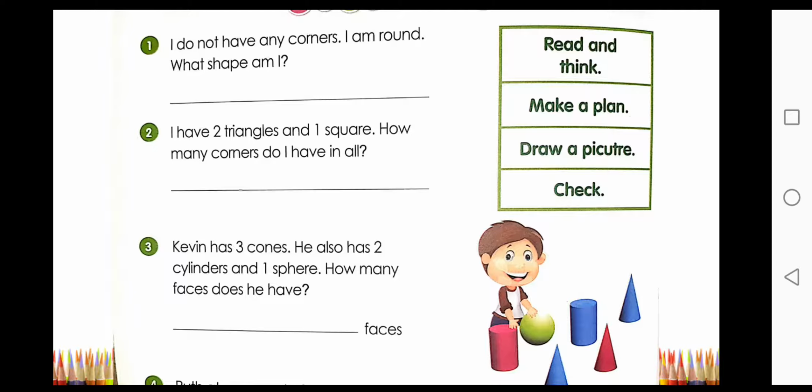Excellent. Okay, now Kevin has 3 cones. He also has 2 cylinders and 1 sphere.